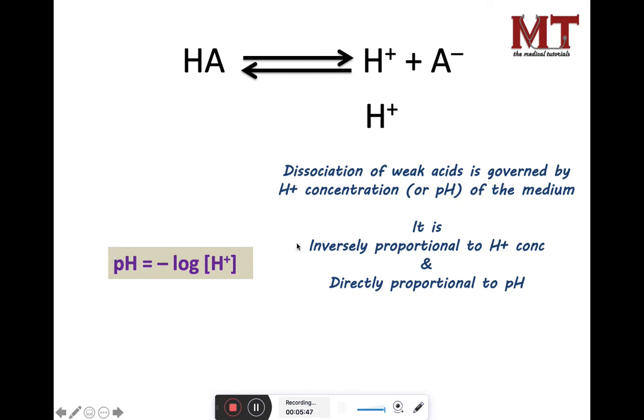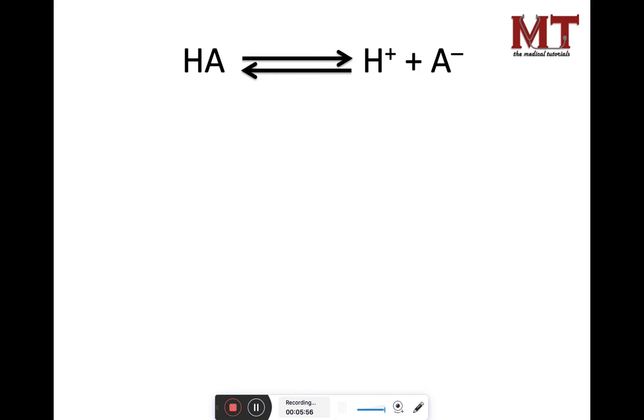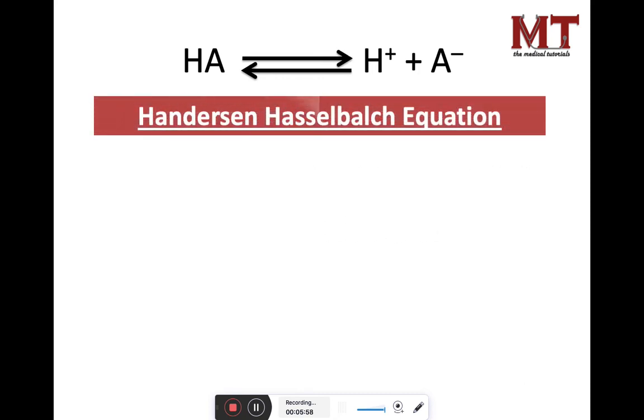Very important concept. Inversely proportional to the H ion concentration, directly proportional to the pH of the medium. So the dissociation of weak acid depends on the H ion concentration or the pH of the medium. But at how much pH, how much will be the dissociation?